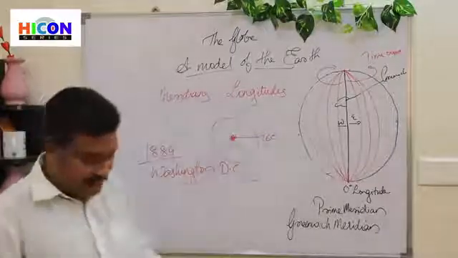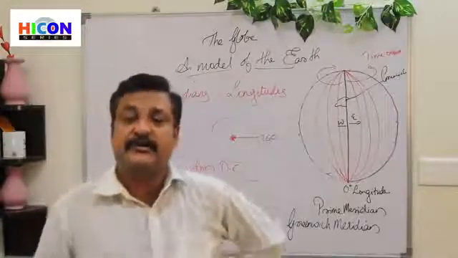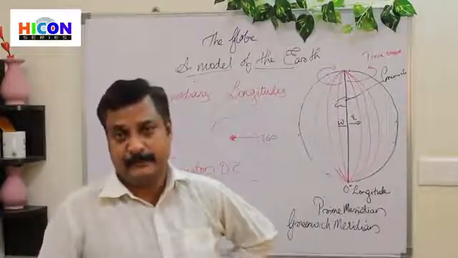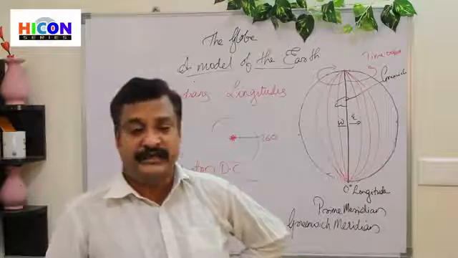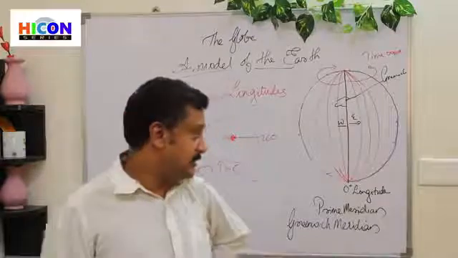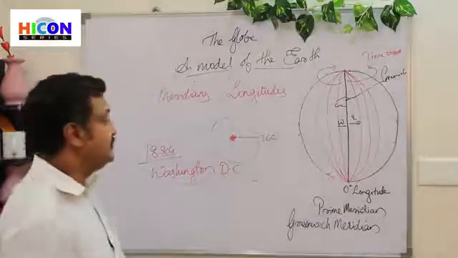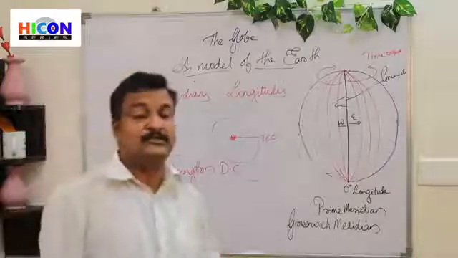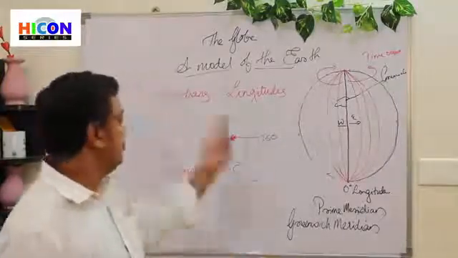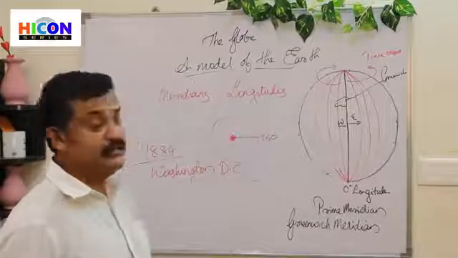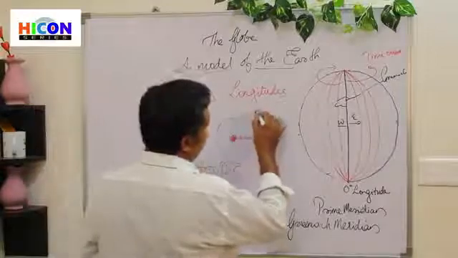Do you know where Washington DC is? Washington DC is the capital of the United States of America. There was an international conference in 1884, and it was about deciding the time around the globe. So in this conference, what they decided is the 180 degree meridian.